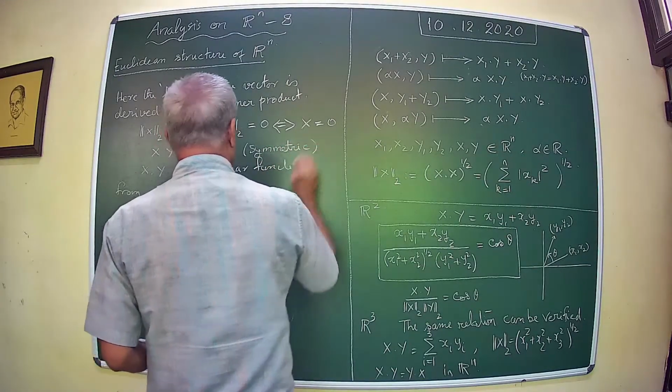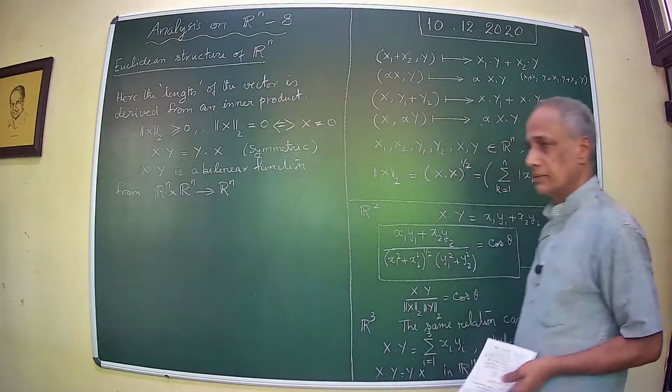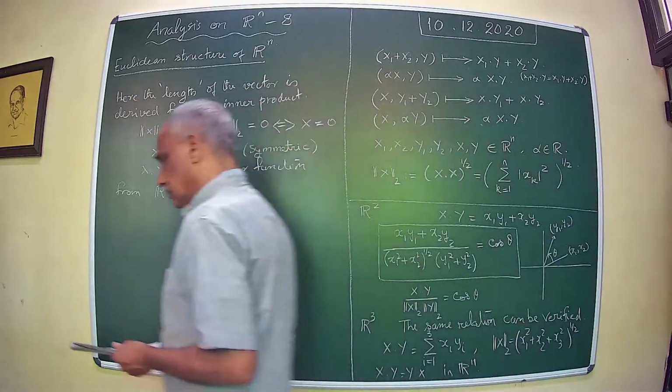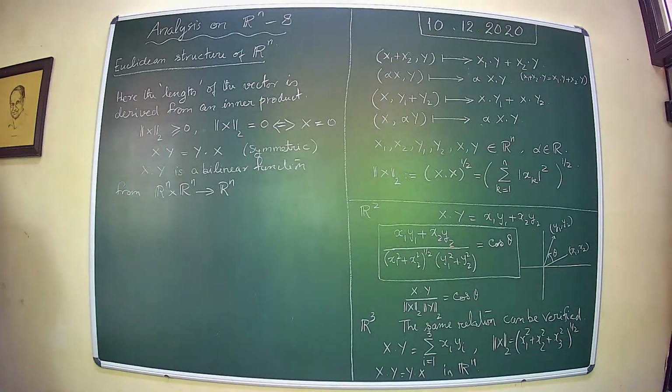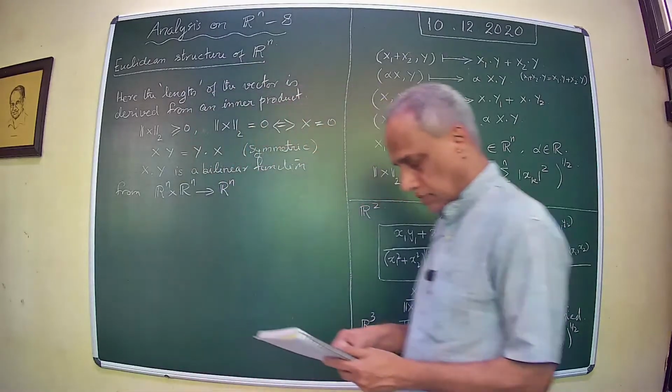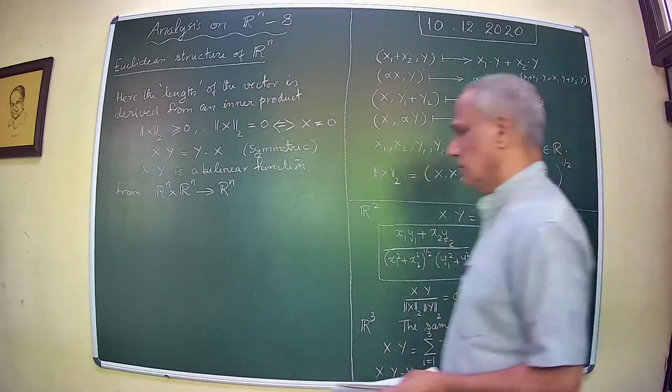Of course, if you are considering a complex space, then you will have to bring in some changes, which we shall not bother right now because we are working in R. So we confine ourselves to R.